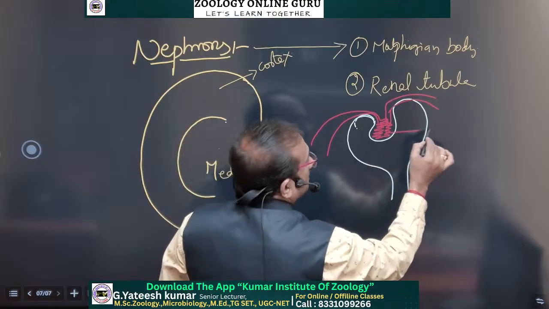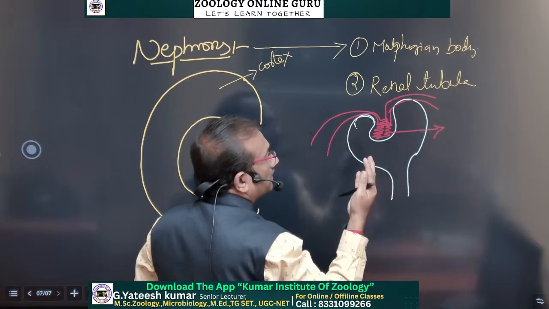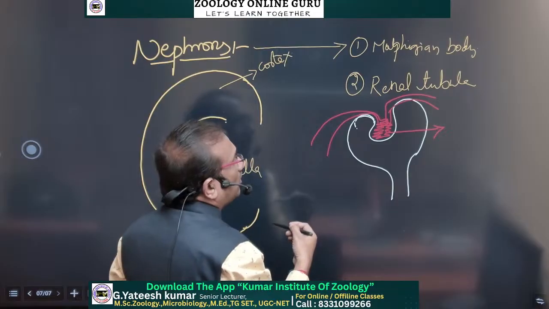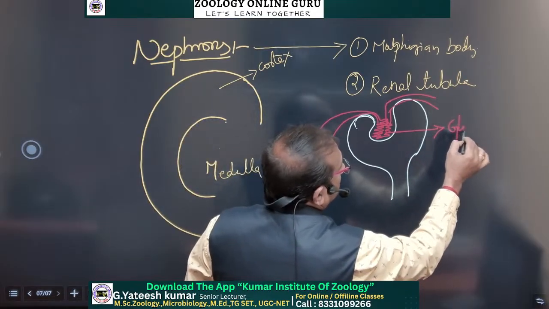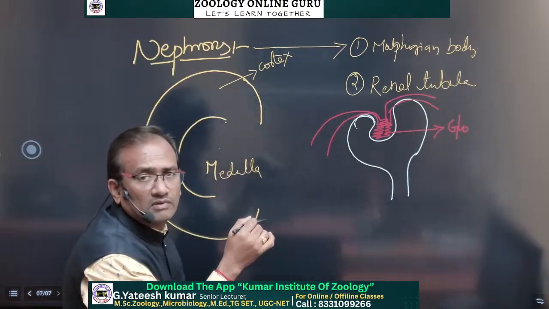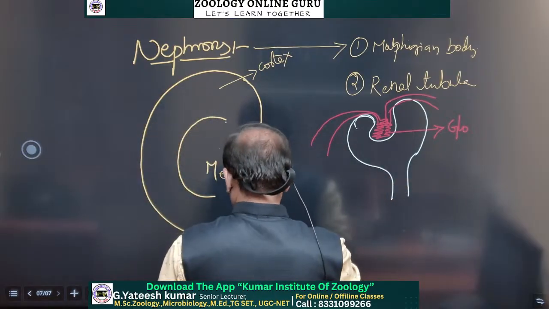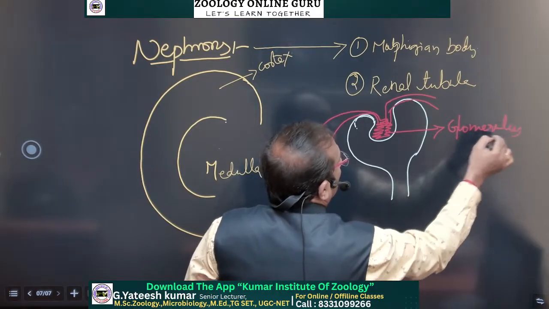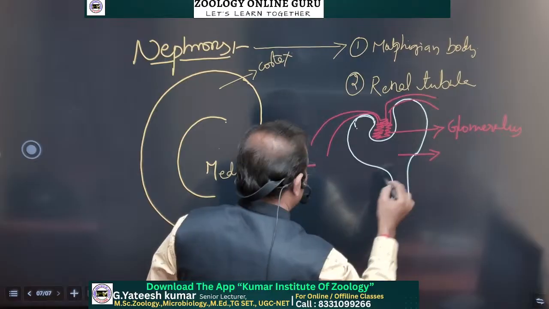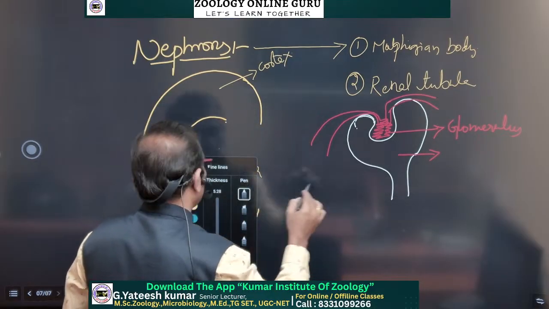This filtering organ, the red-colored network of afferent arteriole, is known as glomerulus. Red color is visible? Yes, glomerulus. This cup is known as Bowman's capsule.